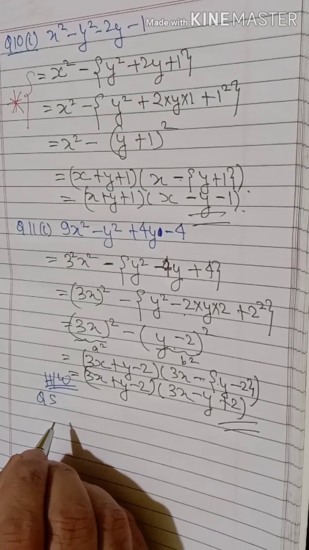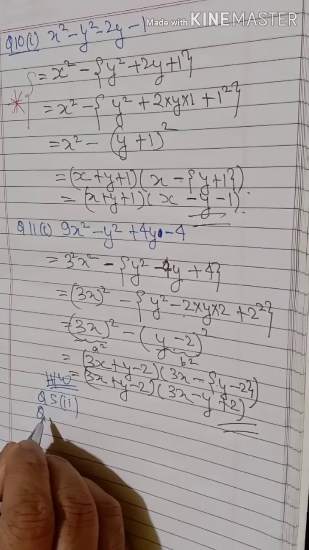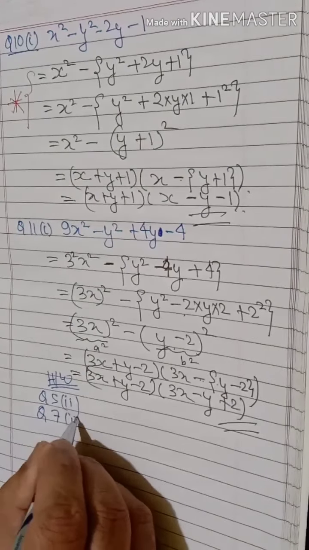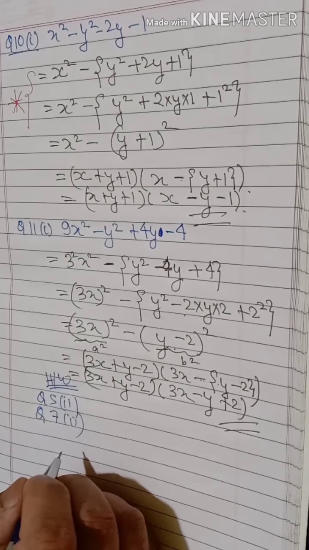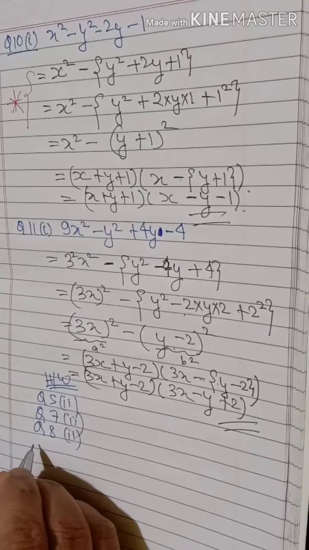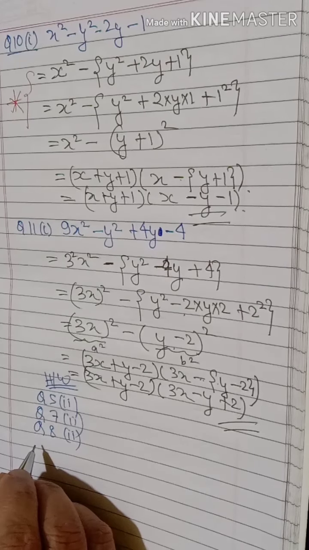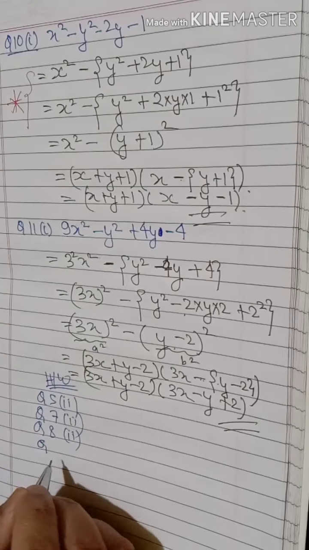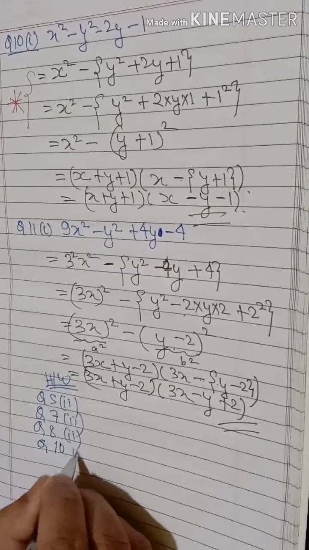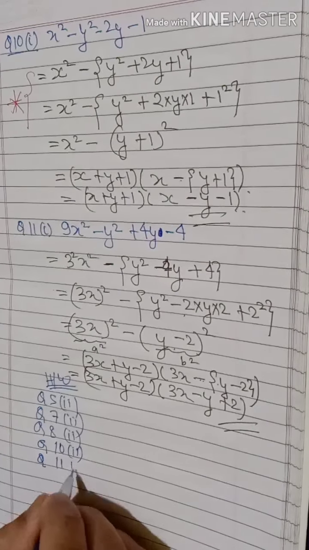Question number 5 Roman 2, then question number 7 Roman 2, then question number 8 Roman 2, then question number 10 Roman 2, and then question number 11 Roman 2.